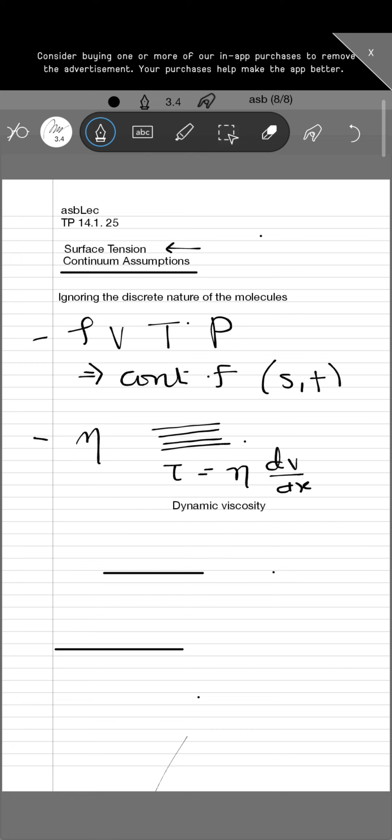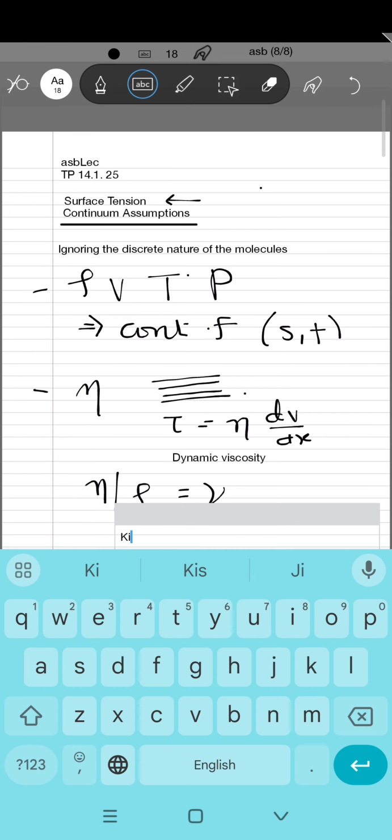Now, if we divide this dynamic viscosity by density, we get another quantity. Let's call it nu. This is called the kinematic viscosity.